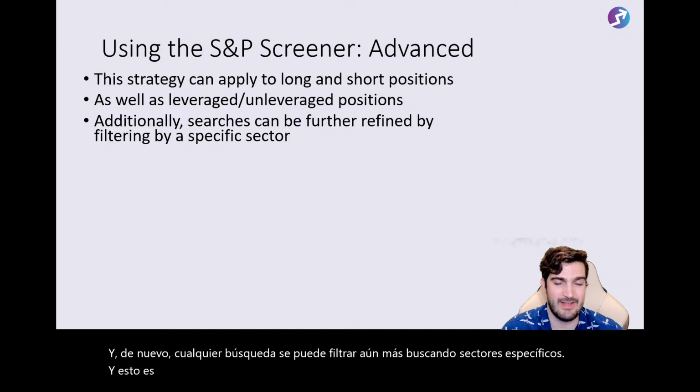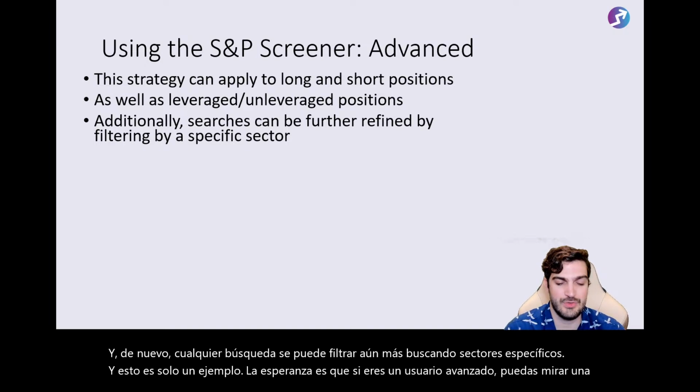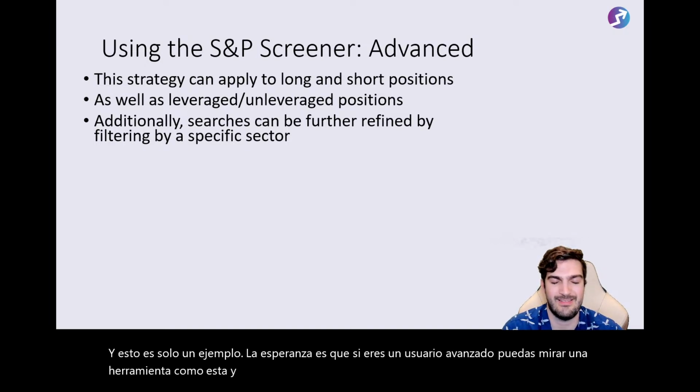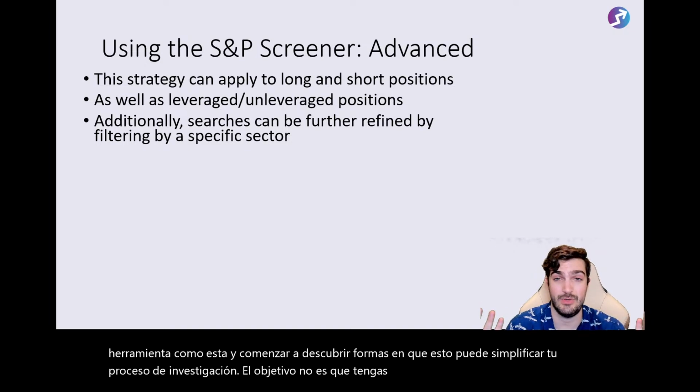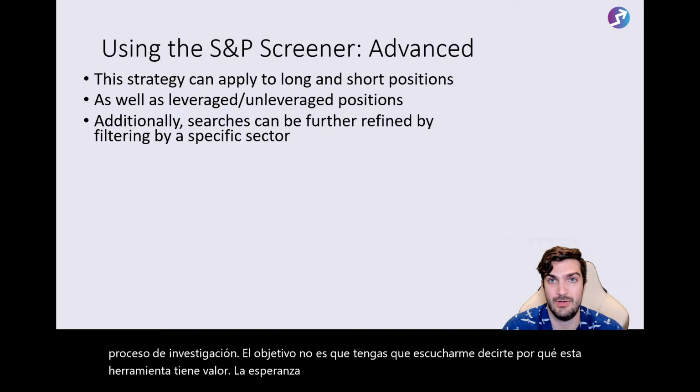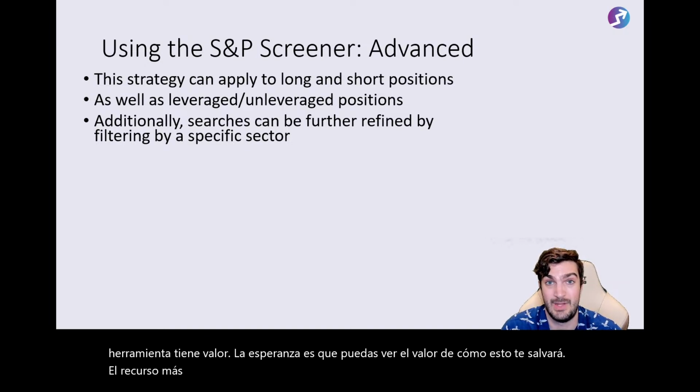The hope is that if you are an advanced user, you can look at a tool like this and start to discover ways that this can simplify your research process. The goal isn't that you have to listen to me tell you why this tool has value. The hope is that you can see the value of how this will save you the most valuable resource that you have, your time.